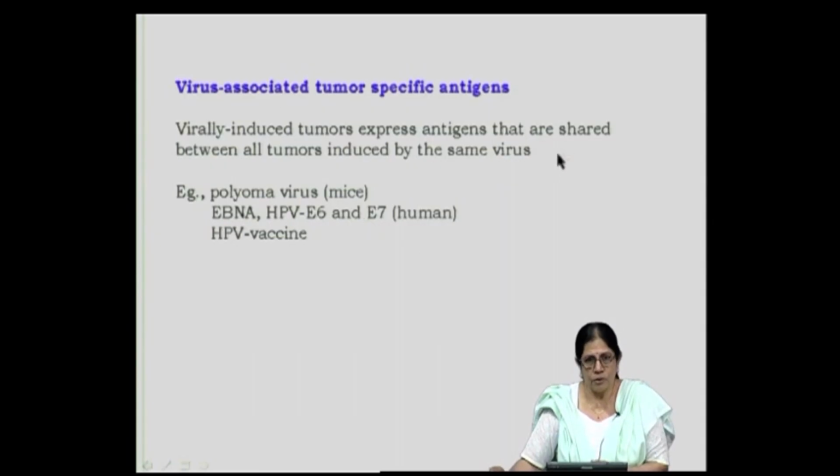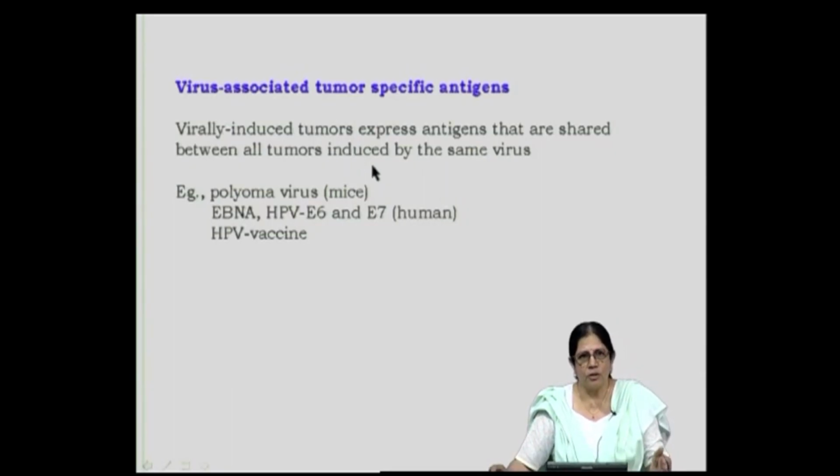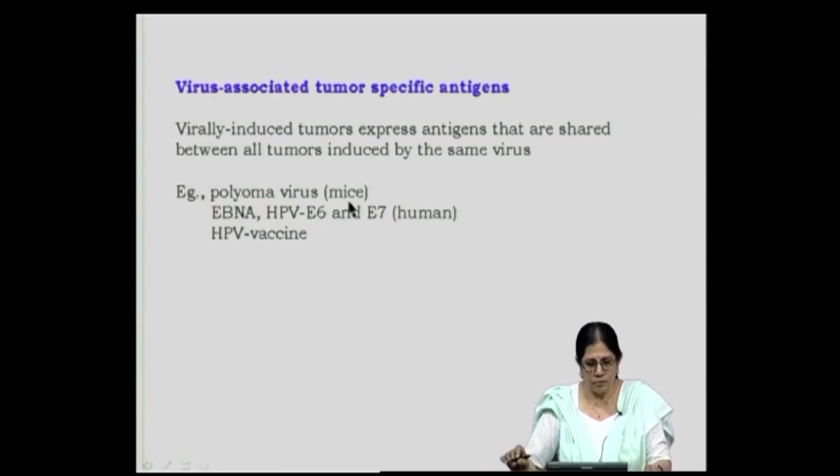When one virus induces a particular tumor, most of the antigens expressed on these tumor cells are shared with other tumor cells induced by the same virus. The examples are polyomavirus in mice, and EBNA or Epstein-Barr virus associated nuclear antigen, and HPV E6 and E7 in humans.